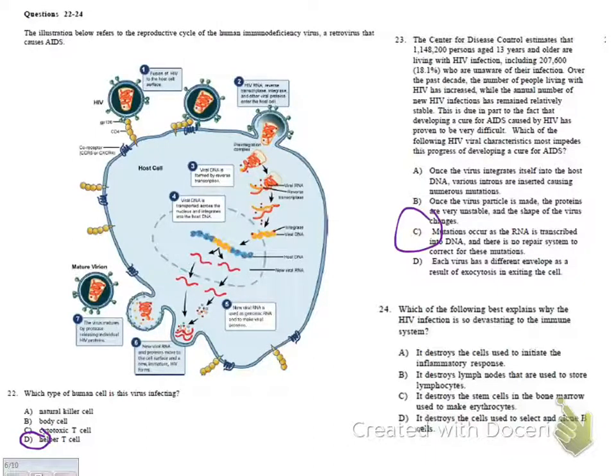But if you read through, you can eliminate the other ones. A, once the virus integrates itself into the host DNA, various introns are inserted, causing numerous mutations. So B says once the virus particle is made, the proteins are very unstable. So it's not the proteins, it's the RNA.